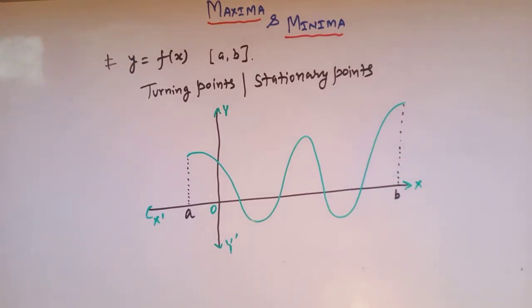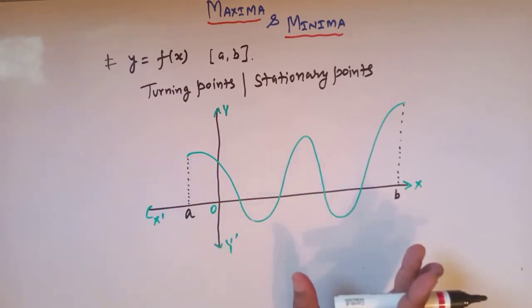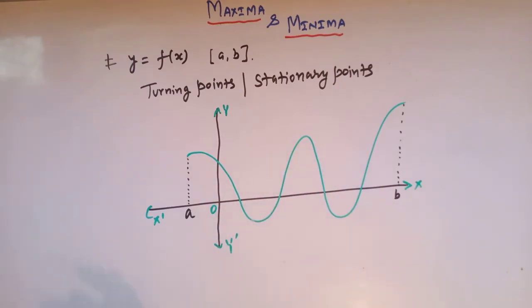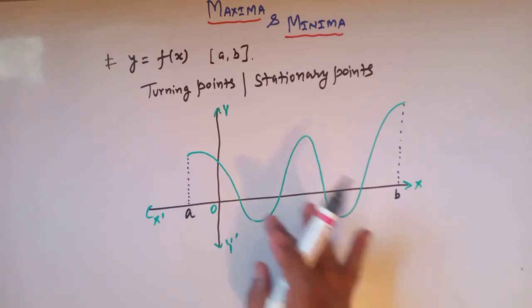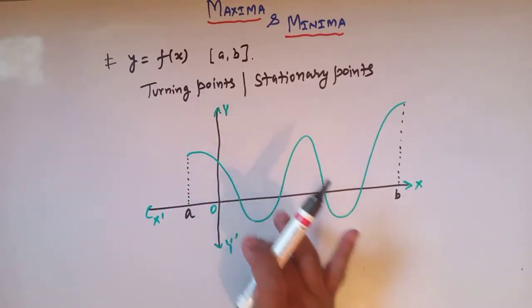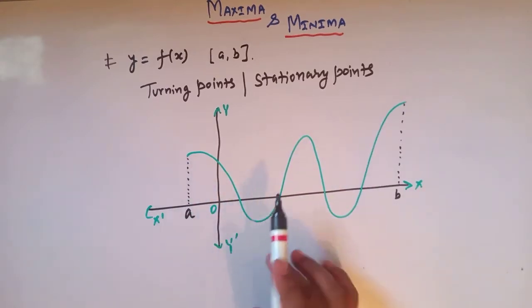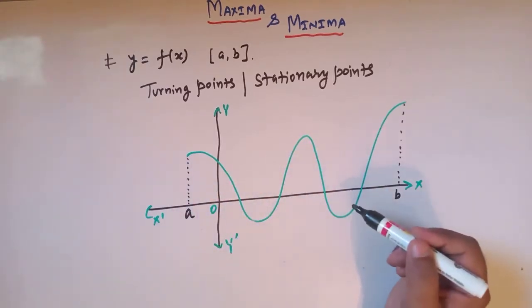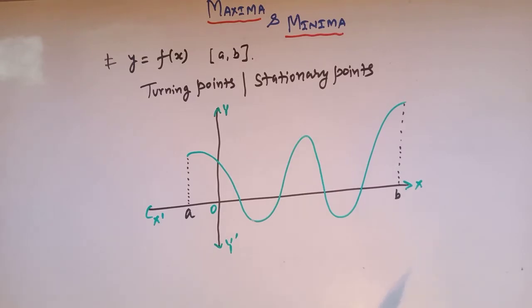Now, what are turning points? Let us first understand the meaning of stationary points and turning points. Viewers, we see that at some intervals this graph is increasing, and at some places this graph is decreasing.